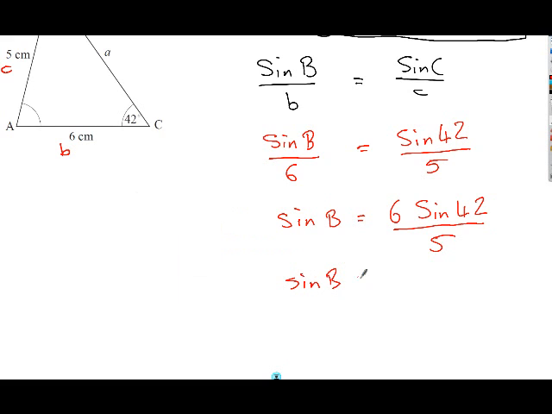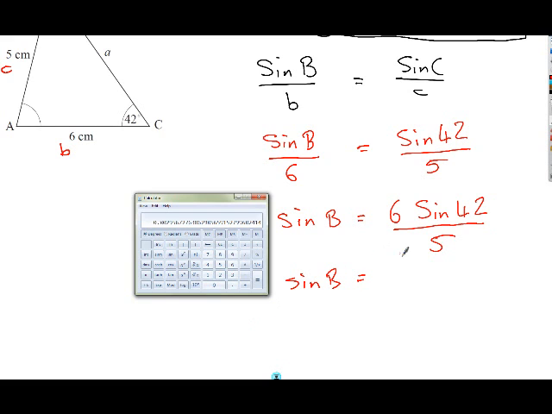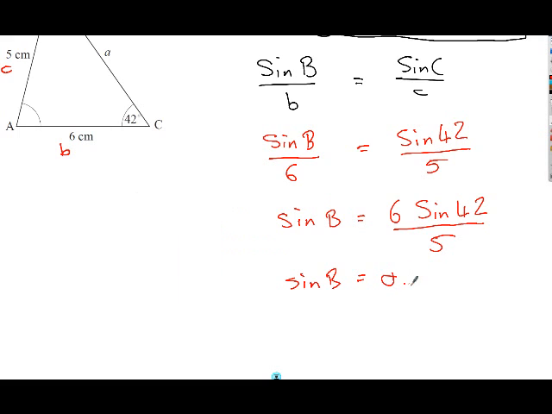So sine b is 0.803. Which means b will be the inverse sine of 0.803.